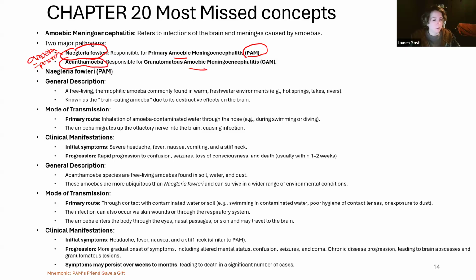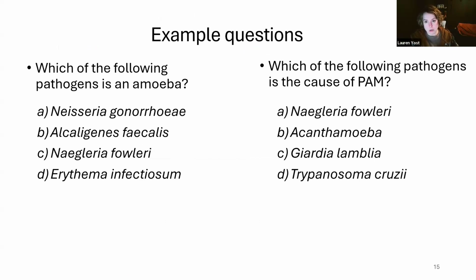Okay, there's more information on that slide if you would like to review it on your own time. But for now, we only have two types of meningoencephalitis we really focus on in chapter 20, PAM and GAM. PAM is associated with Naegleria fowleri. GAM is associated with Acanthamoeba. So I'm going to write that down.